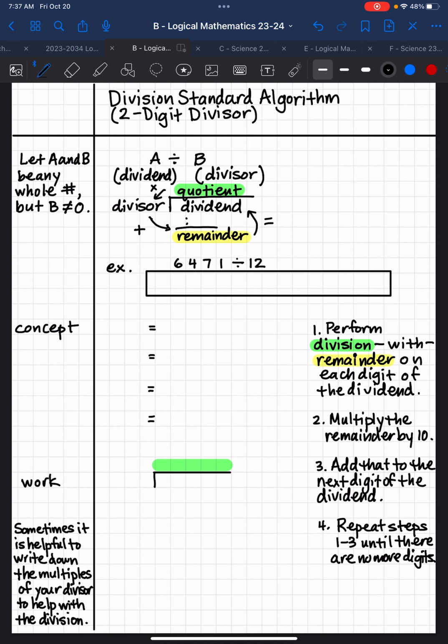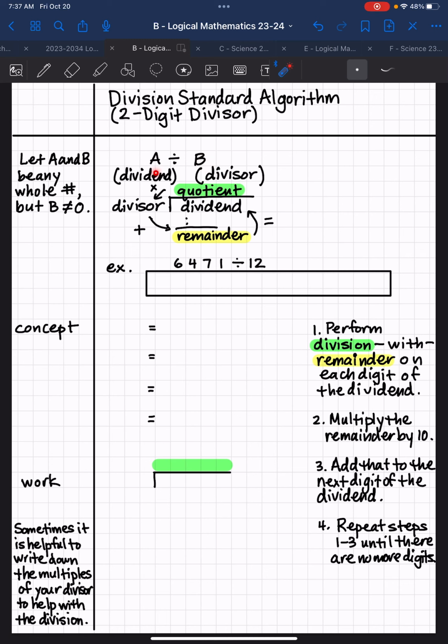So let's begin. A quick review of what we've discussed before is that when you have any number, say in this case A, divided by any number B, provided that you're not dividing by 0, because we know we can't divide by 0 because of what division is really asking us to do, the first number is called the dividend, and the number that's doing the dividing is called the divisor.